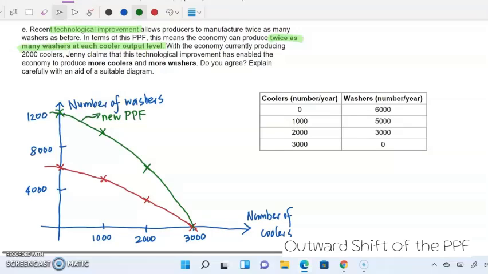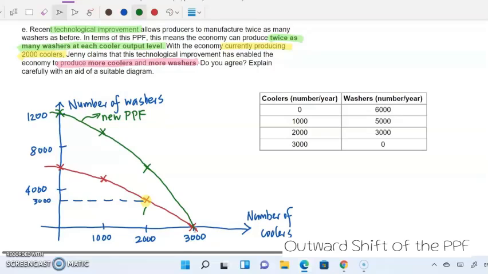So the next question is, Jenny claims that this technological improvement has enabled the economy to produce more coolers as well as more washers. And do we agree? So to demonstrate this on a diagram, we select a point on the old PPF, point A, and try to trace to possible production points on the new PPF.